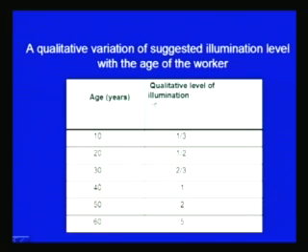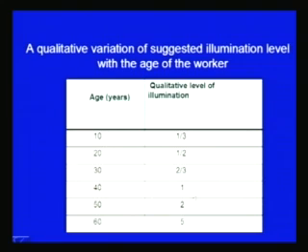If you can see here, the different ages are given in this column, and the illumination required is given as a ratio with respect to the optimum level for a person of say 40 years of age.